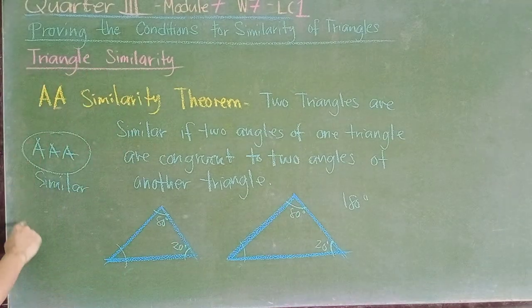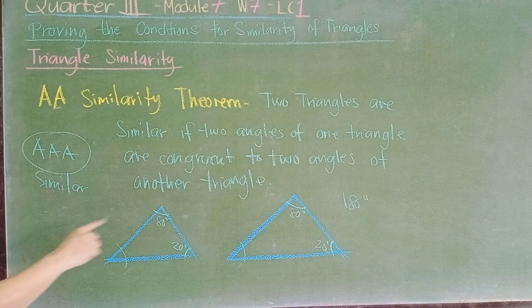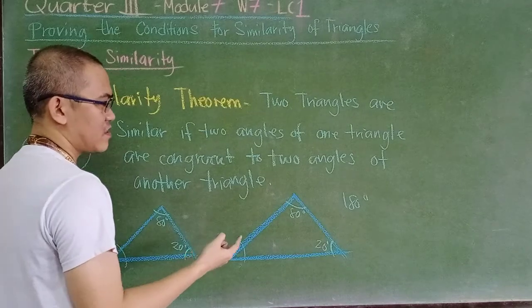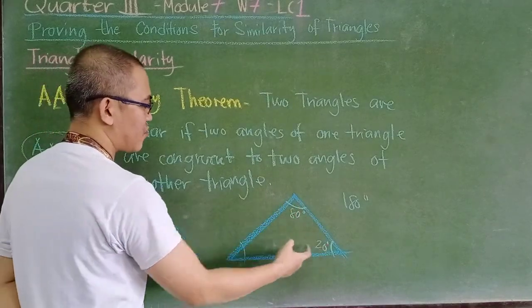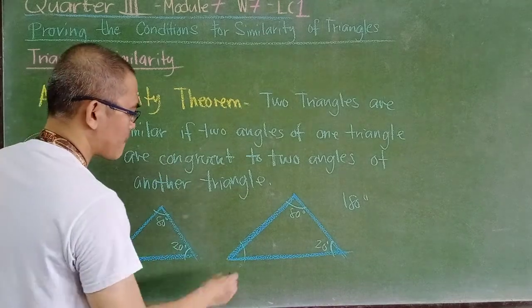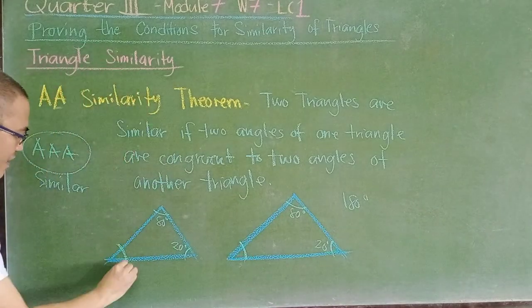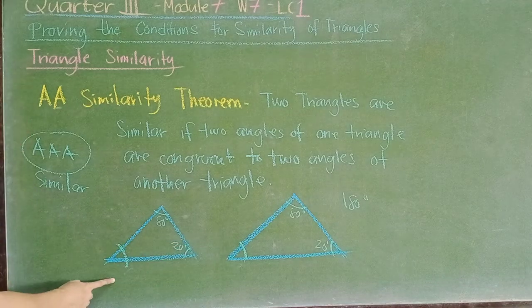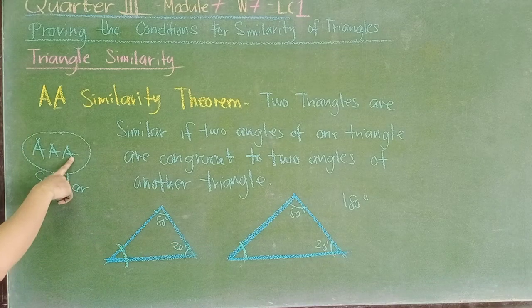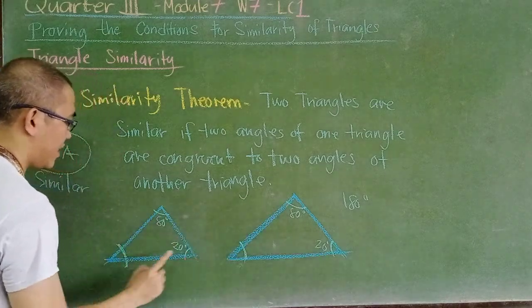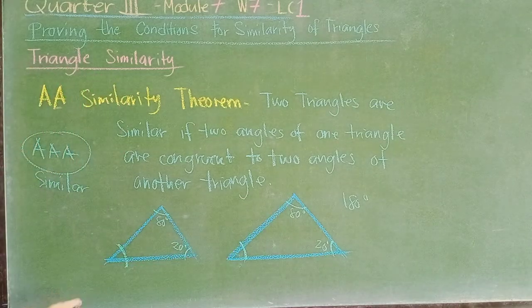Dito meron ka lang dalawa. So, paano mo malalaman na similar sila? Yung proof natin dyan is, yung idea na pag in-add mo yung tatlong angle, dapat equal sa 180. So, dapat, yung angle na to, tsaka angle na to, magkamukha din. Pag magkamukha sila, it falls under AAA similarity postulate na kapag meron kang tatlong pares na angle na parehas ng sukat, ibig sabihin, similar yung dalawang triangle na yan.